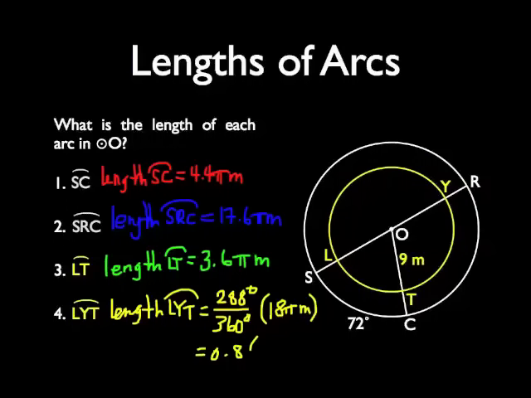So now we take 8/10 and times that by 18, and we get 14 4/10 pi meters for the length of arc LYT. So it's very important to know that the size of a circle does not affect the measures of the arcs, but it does affect the lengths of the arcs. Hence, congruent arcs must have the same measure and the same length.